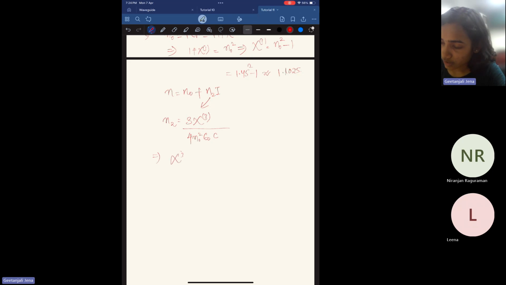So chi3 is 4 n0 square epsilon naught c n2 by 3.